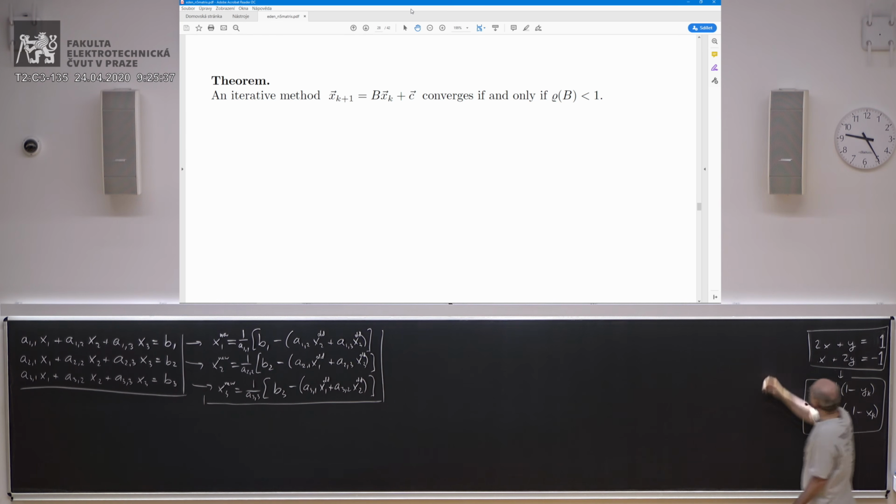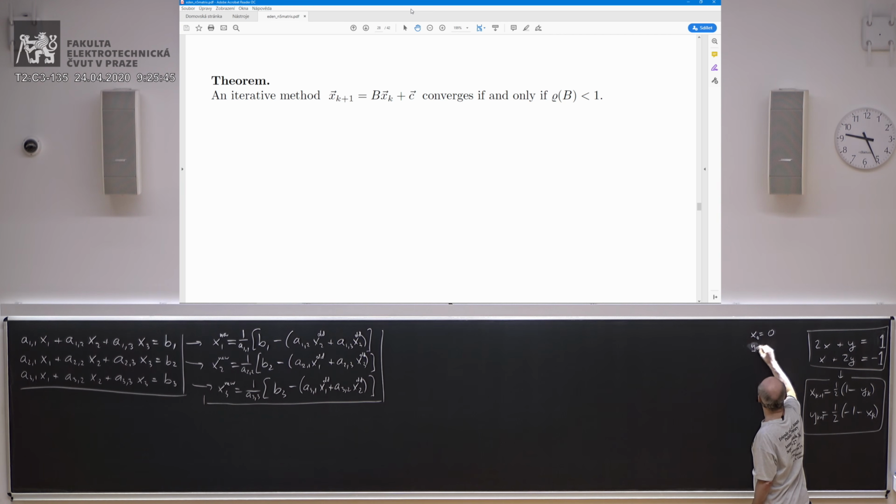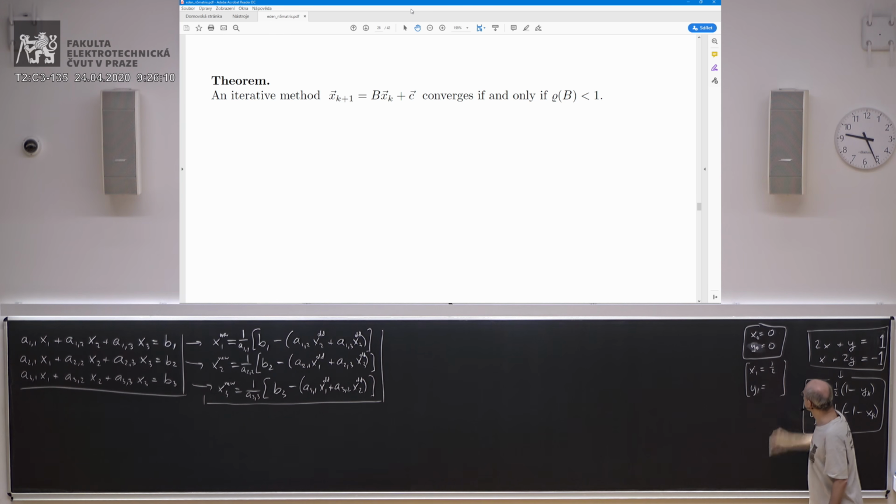Let's try them out. Let's say that I start with two zeros. So that's my starting iteration or starting generation. Let's move to the first one. I take 0 and 0, substitute on the right, and find the new values, x1 and y1. Let's see. x1 is 1/2, 1 minus 0, so it's just 1/2.